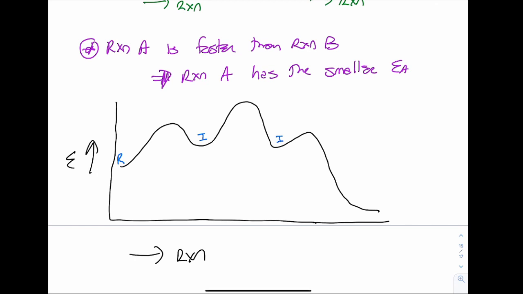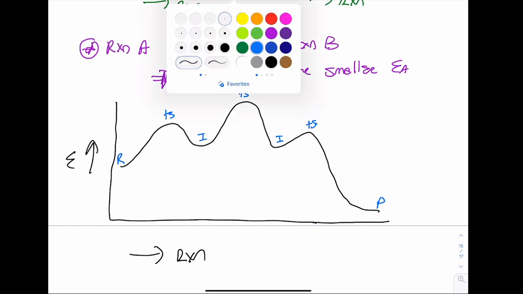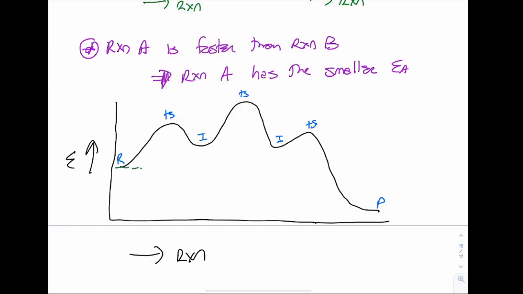I have this intermediate, and then I have my product over here. This would be a transition state, and then another transition state. And then I have 3 activation energies.